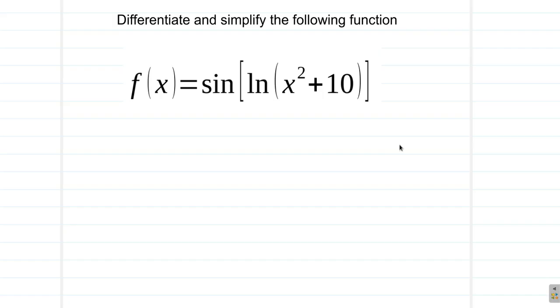It's a composite function, but there are three functions, making it a little more complicated than when you are dealing with two functions, one being a function of the other. Here, x squared plus 10 is a function. ln of x squared plus 10, ln of that is another function. And then sine of all of that is yet another function.